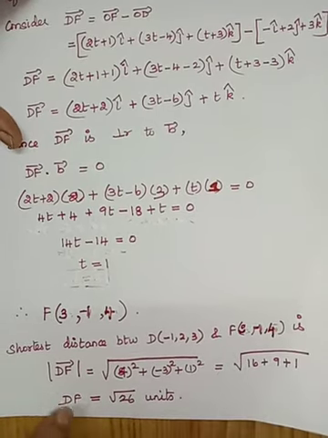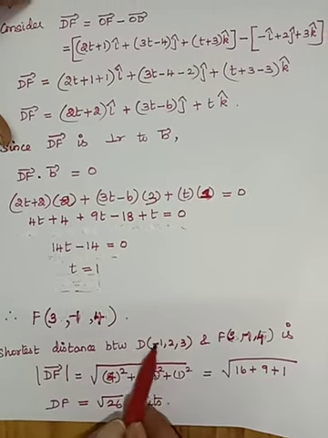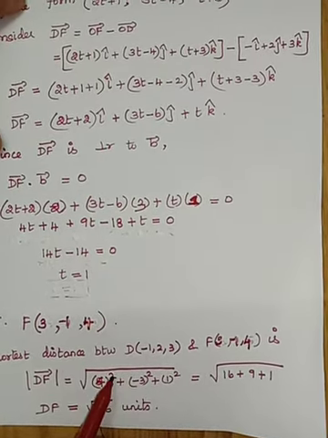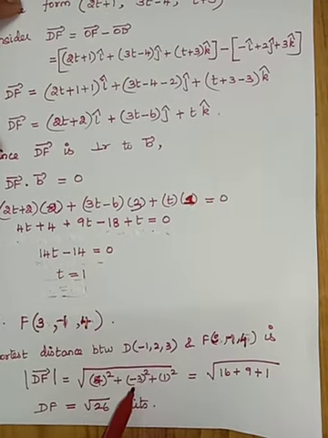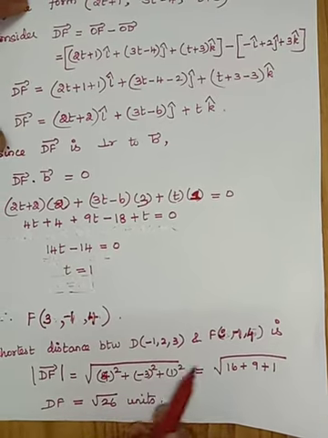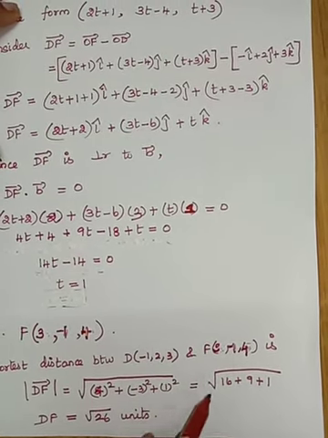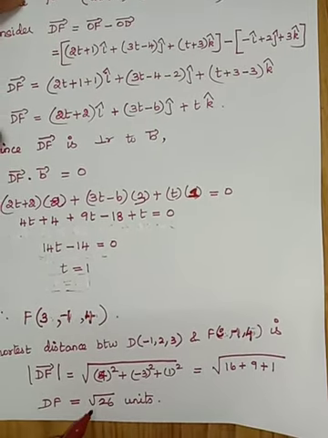You have to use the distance formula. So it is nothing but the square root of (3 minus of minus 1), that is 3 plus 1, so 4, the whole squared, plus (minus 1 minus 2), so minus 3, the whole squared, plus (4 minus 3), that is 1, the whole squared. So that is equal to the square root of 16 plus 9 plus 1, which is equal to root 26.